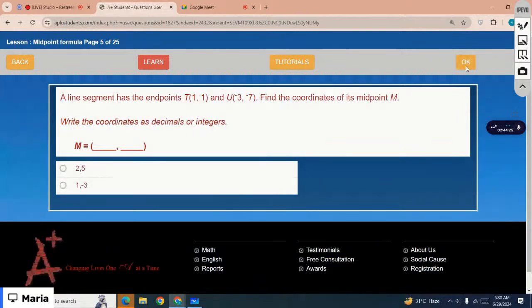A line segment has the endpoints T (1, 1) and U (negative 3, negative 7). Find the coordinates of its midpoint. Which is the correct option?